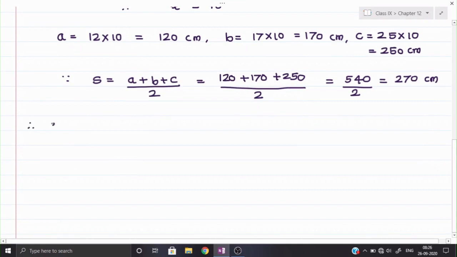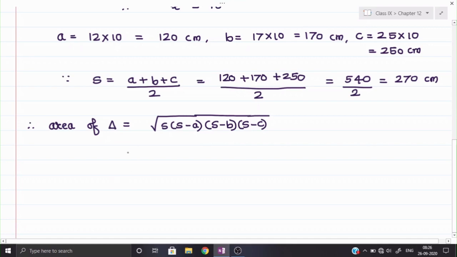Therefore, area of triangle is equal to under root of s into s minus a into s minus b into s minus c.